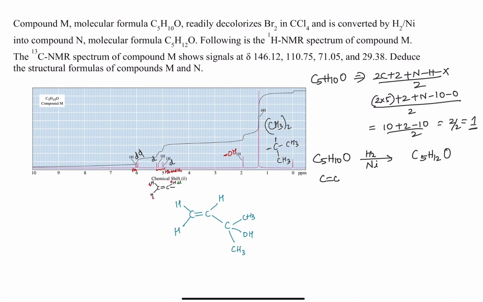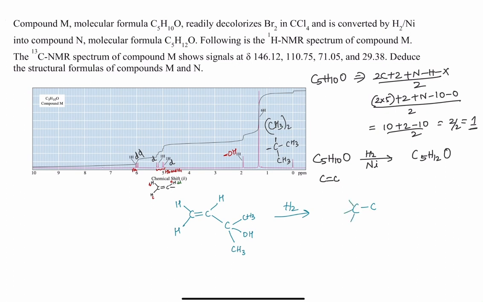Let's go back to our second part of the question. When compound M, which is this, is hydrogenated, it's going to give us compound N, which has this formula. So when we react with hydrogen, what happens is the hydrogen is going to get added across the double bond, which we call an addition reaction, right?